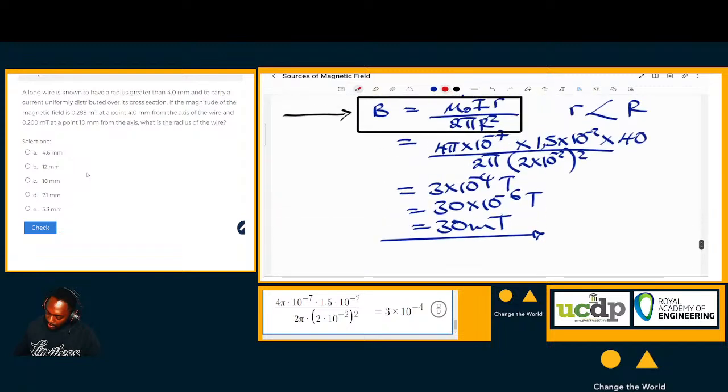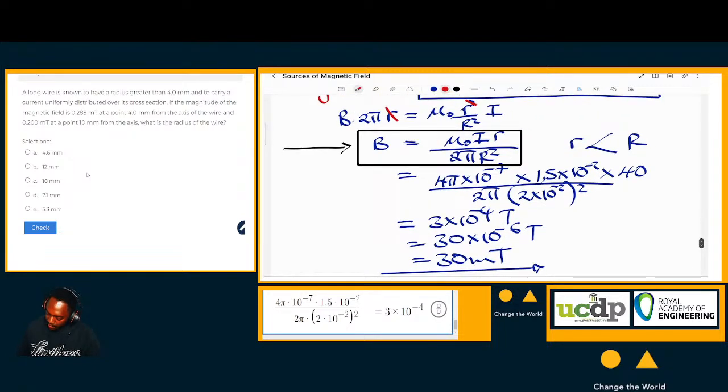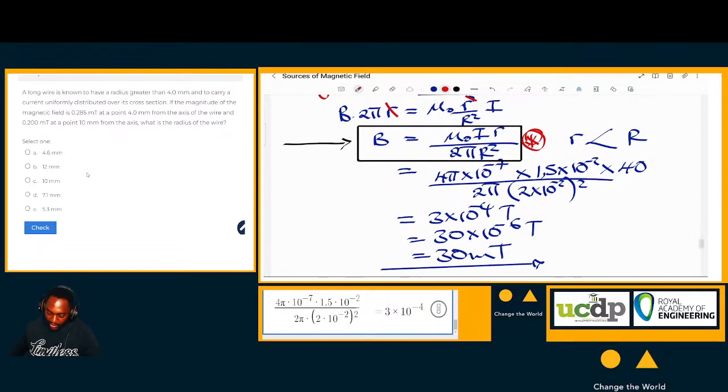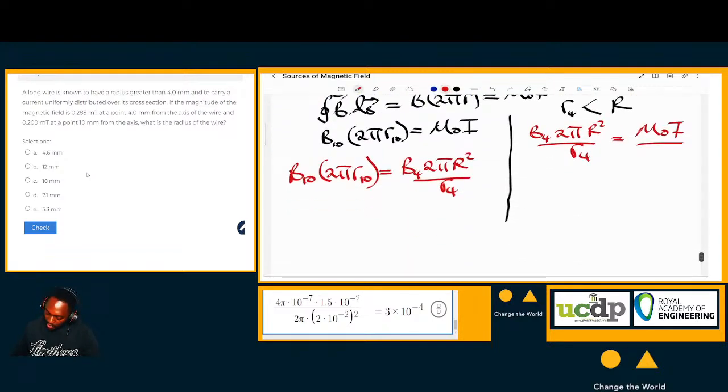In case you're wondering, from this stage we just make mu naught I the subject, so we remain with B4 2 pi r squared over the radius r4.